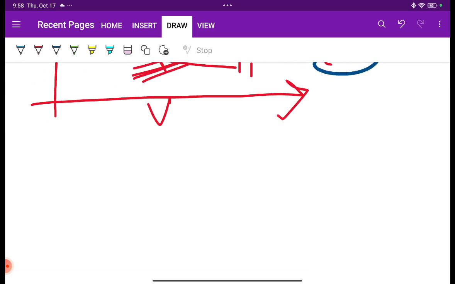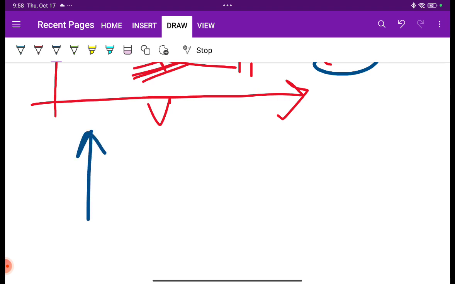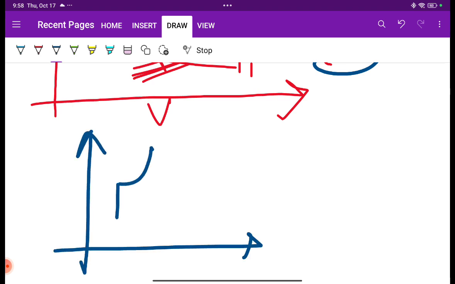So this is the PV diagram and its processes. Now let's understand its TS diagram. This is its TS diagram.